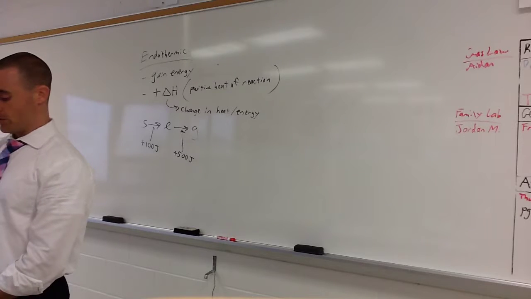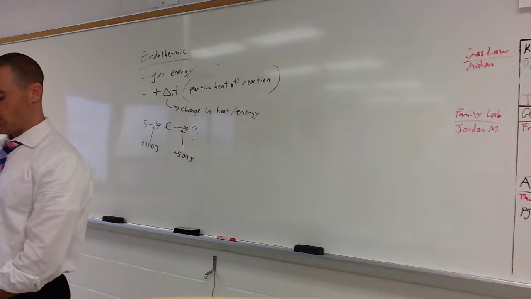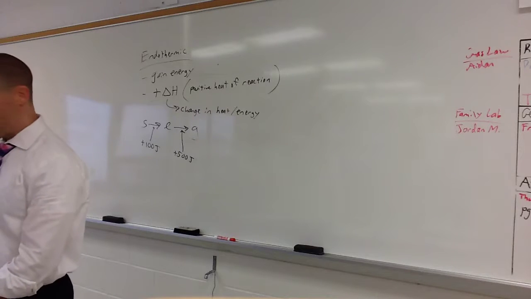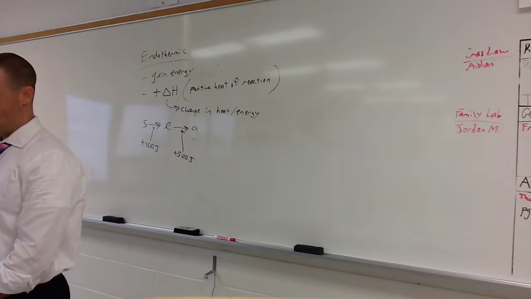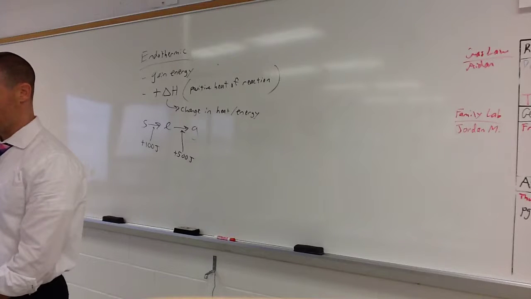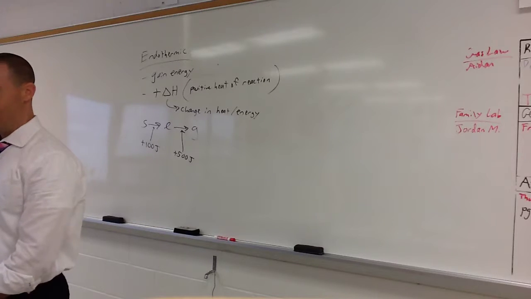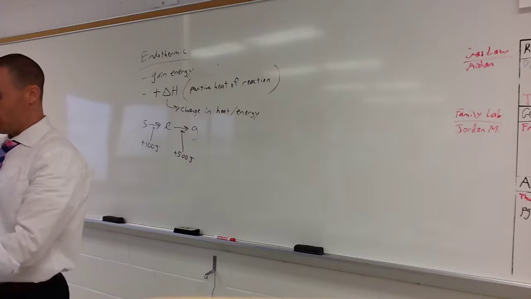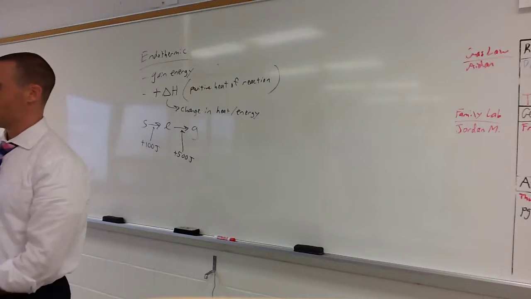This reaction, look to the left: N2 plus O2 yields 2NO. That reaction cannot happen unless it gains 182.6 kilojoules of energy. And that may not mean a whole lot to you, like what is that reaction? All I need you to learn today is how to read this table.